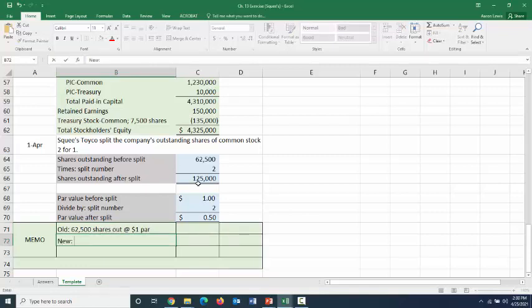Well, we're going to have 125,000 shares outstanding now, 125,000 shares out. And the par value of those is going to be half of what it was before, which is 50 cents. And we don't need any numbers because nothing's actually changing in our position. So all we need to do is finish this up by filling in a description. And I would say that we split common stock 2-for-1.